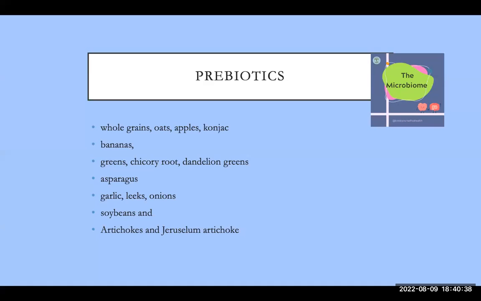So, of course, we have the grains, and oats are one of the grains that's named a lot in the literature. And of course, some fruits like apples and bananas, and konjac comes from a plant, the kudzu plant. I believe it's like the starch in the kudzu plant that it comes from. And that contains glucomannan.